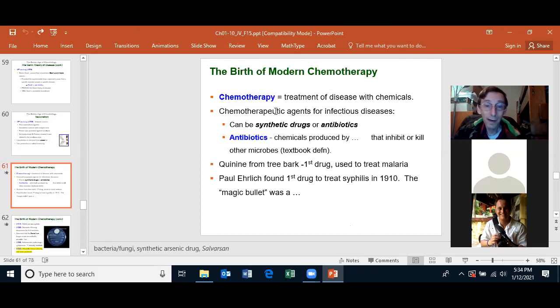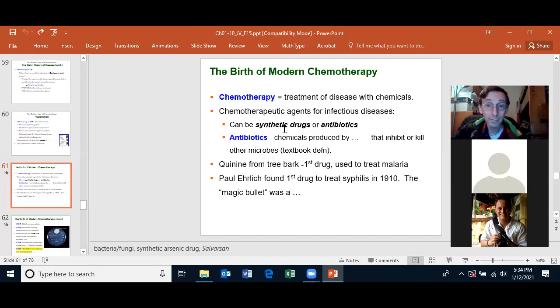But chemotherapy in the broader use is any treatment of any disease with a chemical. But most people, when they have a bacterial infection, we don't say, oh, it's time for me to take my chemotherapeutic drug to treat the bacterial infection. We say it's time for us to take our antibiotic. Okay?